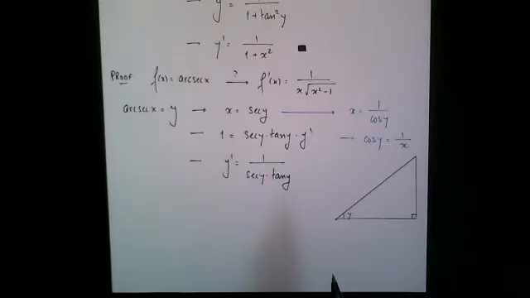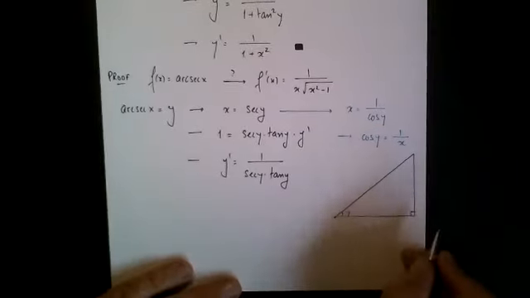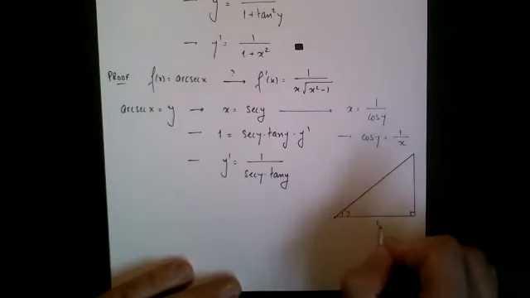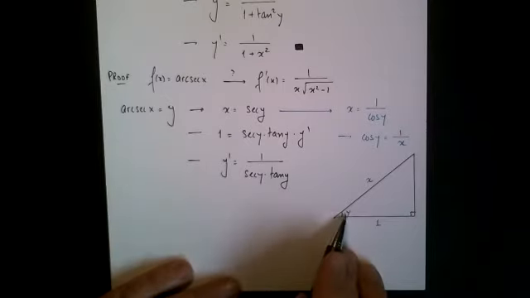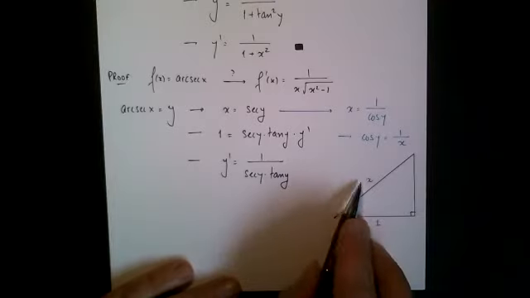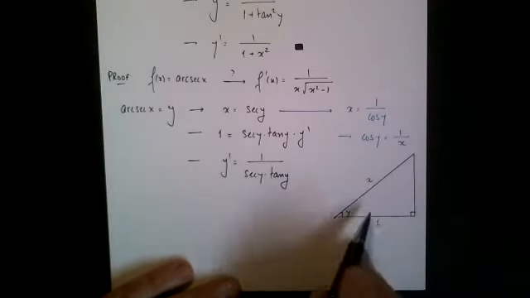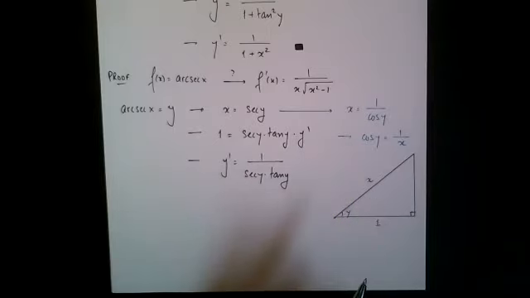You put 1 over x on the bottom, adjacent to y. I'm just going to put 1, and I'm going to put x here, because now I have the cosine is adjacent over hypotenuse. I could do what you say, put 1 over x here and 1 here. You're right. But I don't want fractions, so adjacent over hypotenuse.